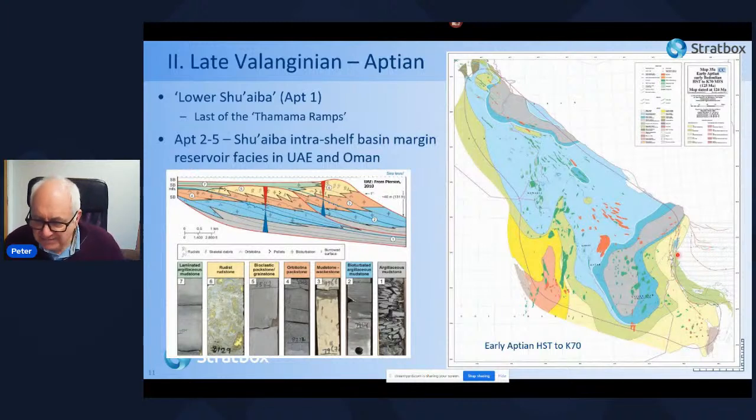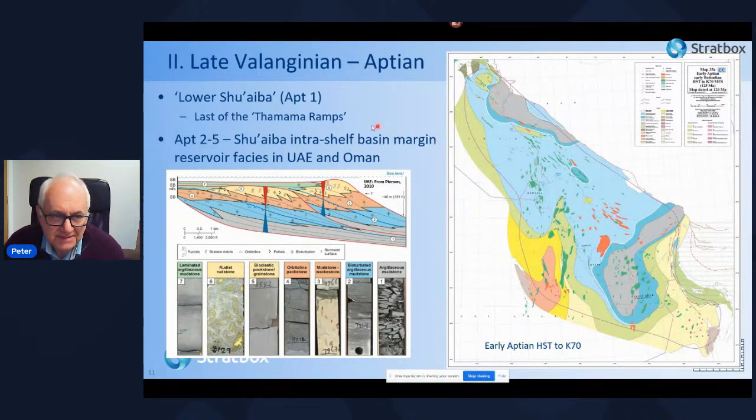So we're going to go down to the UAE part of the Arabian Plate, looking at the Valanginian to Aptian part of the stratigraphy. This is the early Aptian high stand map of the K70 sedimentary sequence, and we find that this best expresses the distribution of the Shuaiba carbonates and equivalent intra-shelf basin.